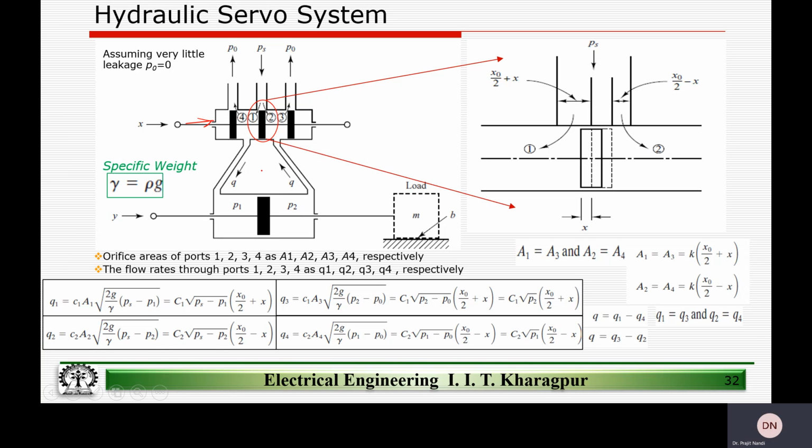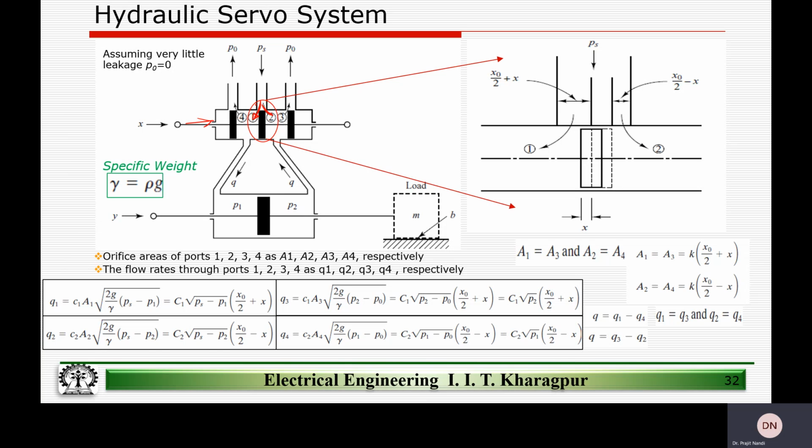So what that means is, what are the channels through which the liquid is flowing into the system? It is through port 1 and port 2, right?